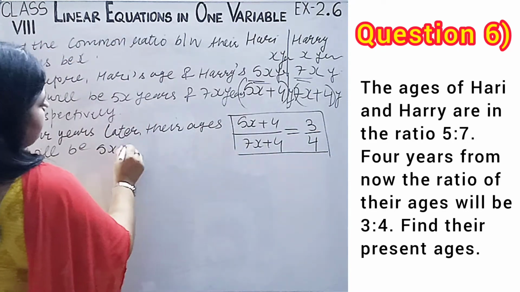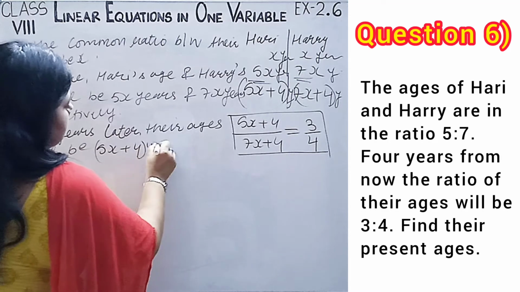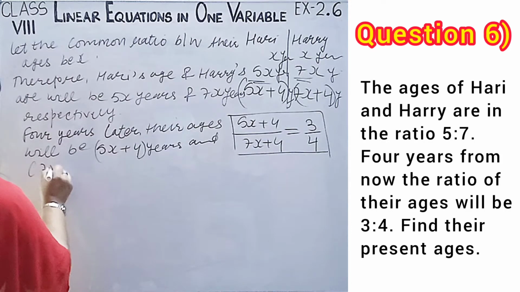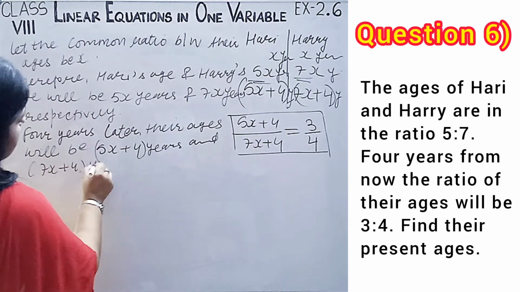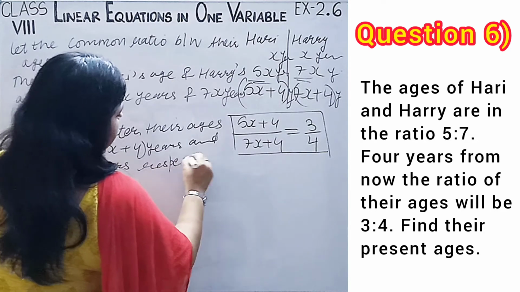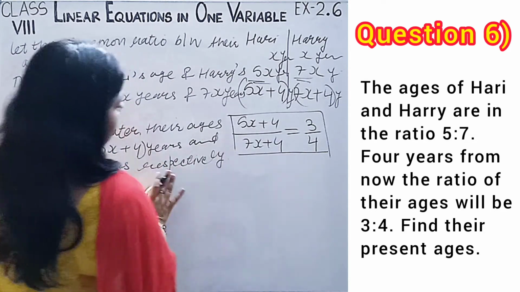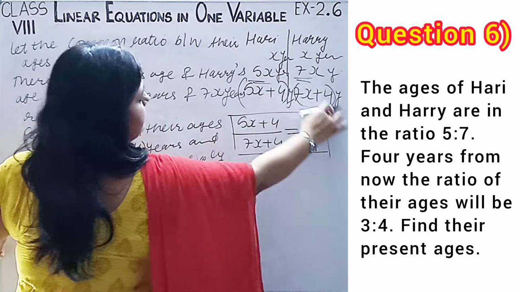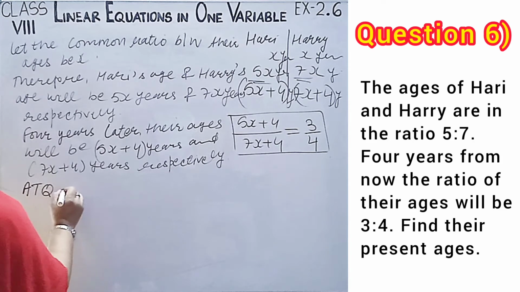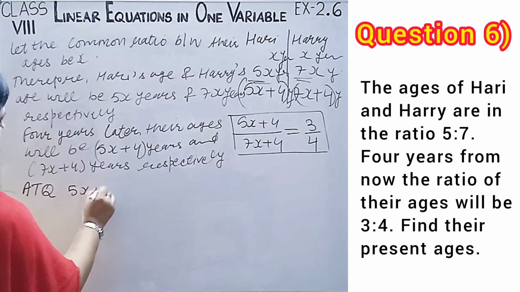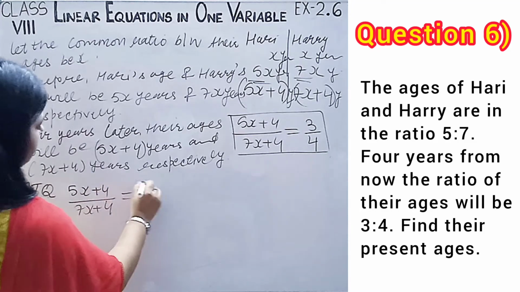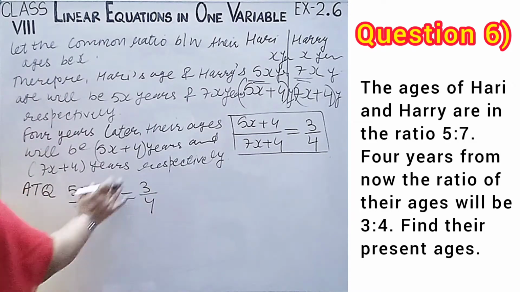So 5x plus 4 years and 7x plus 4 years respectively. According to our question, we have already made this equation. According to the question, (5x plus 4) upon (7x plus 4) is equal to 3 upon 4, and we have to solve this equation.